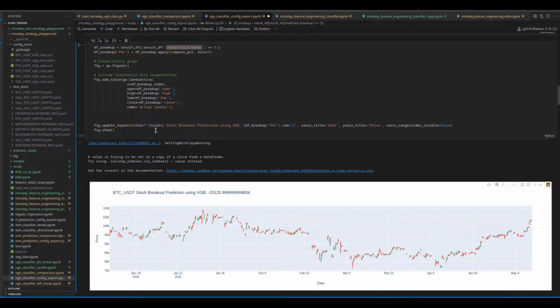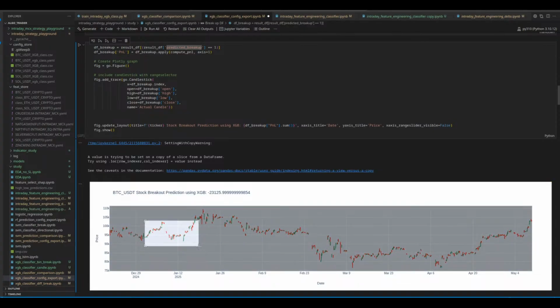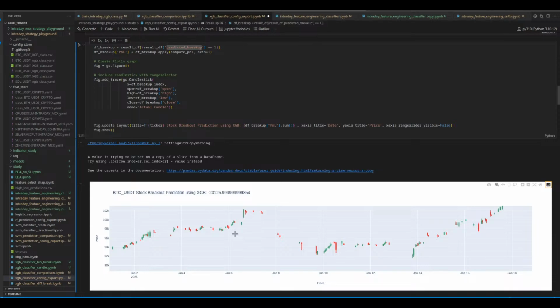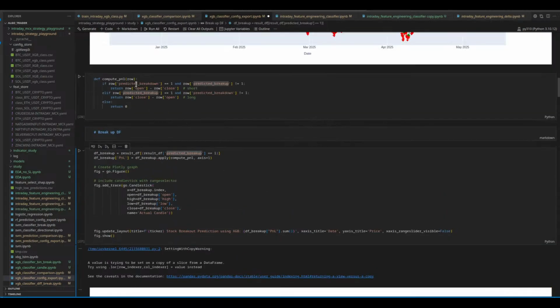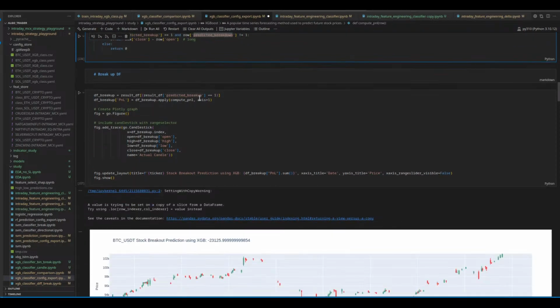And in order to calculate this profit and loss, what I've done is, wherever we have a predicted breakout, I've assumed the closing would be greater than the opening price, and we are taking a long, and that is what we are using to calculate the profit, and the vice versa for predicted breakdown.